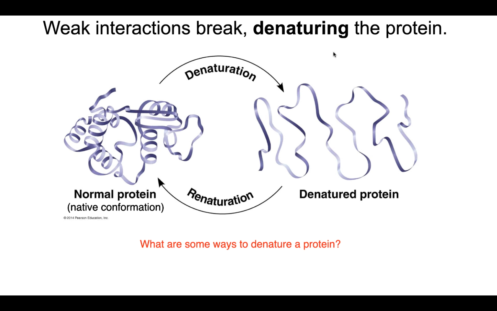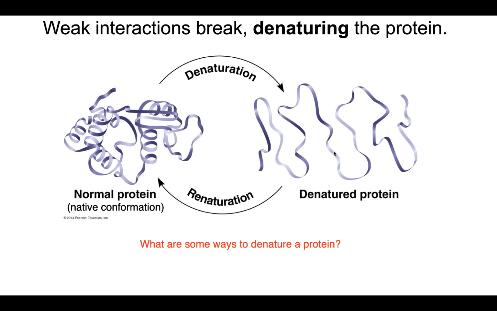denature. So here we have our normal protein, and here we put it into conditions that are not ideal for it. Maybe it's too hot, maybe it's too cold, maybe the pH is too high, maybe the pH is too low. That's going to break the weak interactions, and the protein unfolds, the protein denatures, the protein will no longer have its proper function. But this is not permanent.